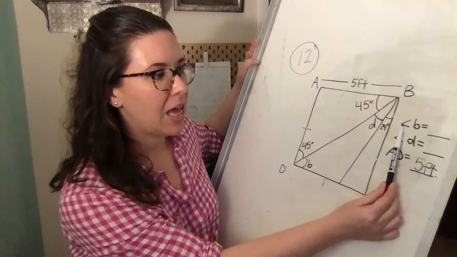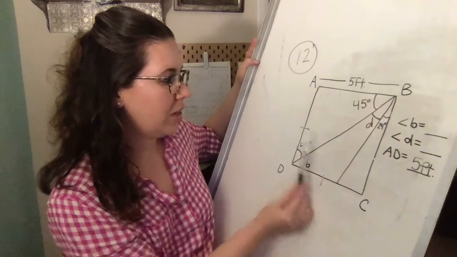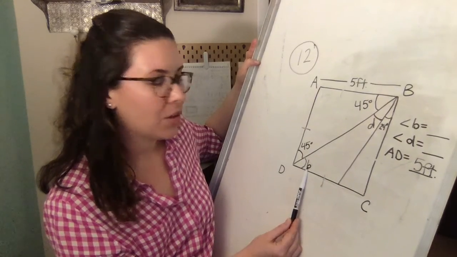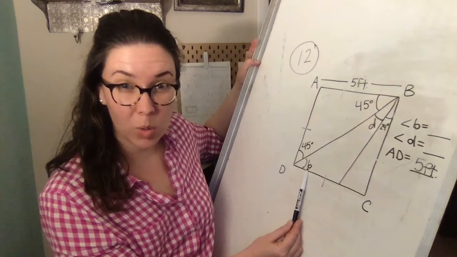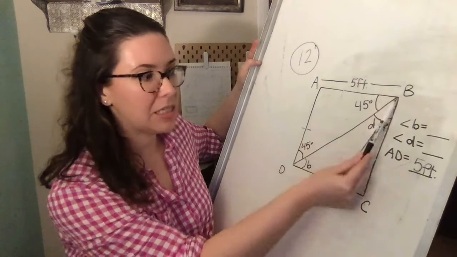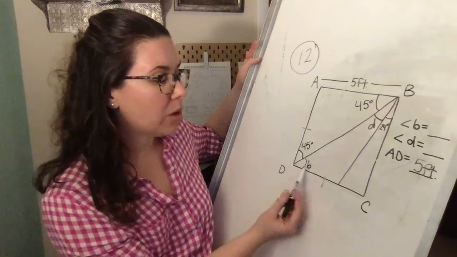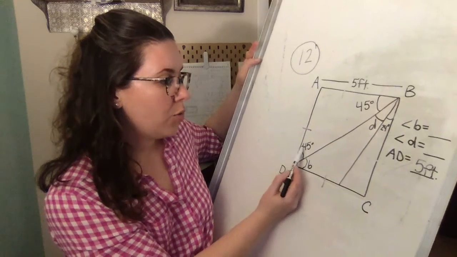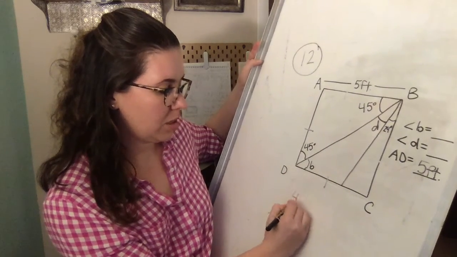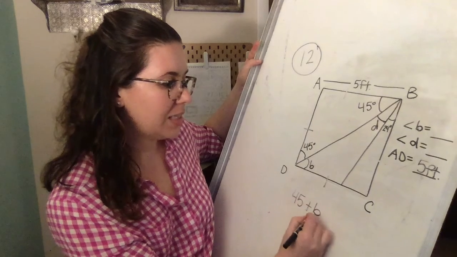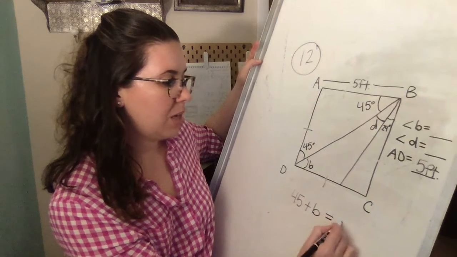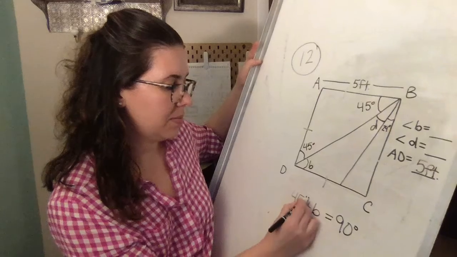Let's start with angle B. First of all, we're going to find it, and it's right here. One of the properties I know of a square is that each of the corner pieces is going to be a right angle, 90 degrees. So that means whatever B is, I'll do my work down here, 45 plus B would give me 90 degrees.